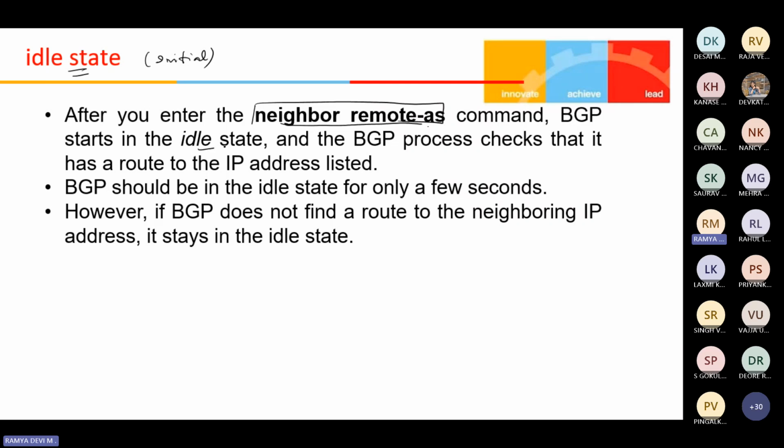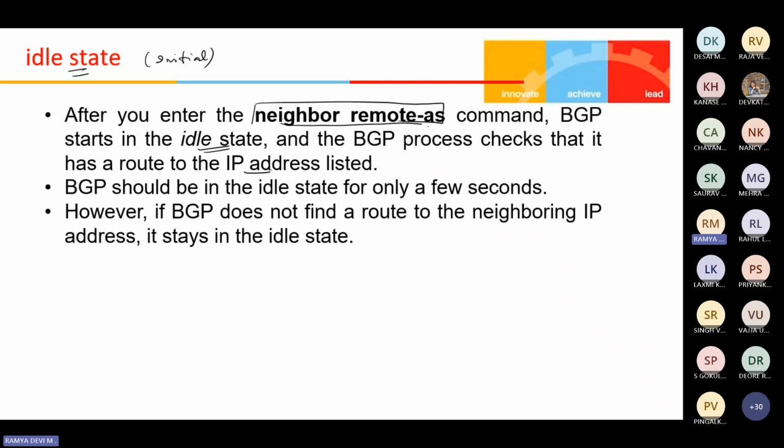Your router will perform a route check. The BGP process looks for a valid route, always in the routing table, in order to reach the neighbor's IP address. That is the idle state.